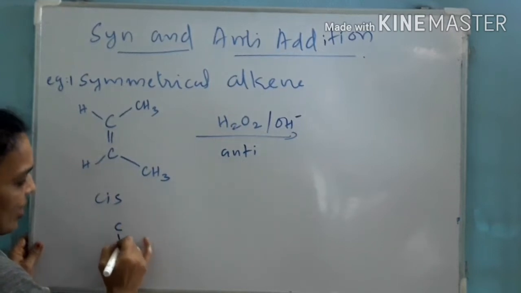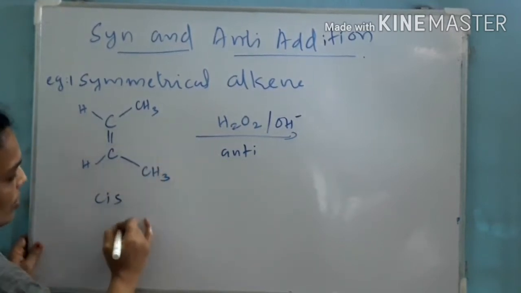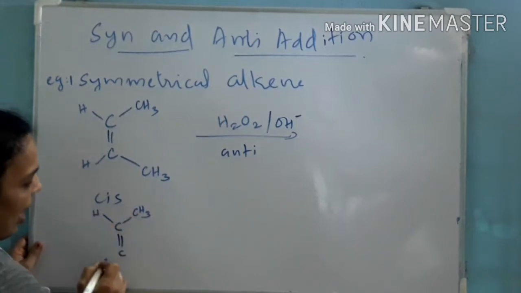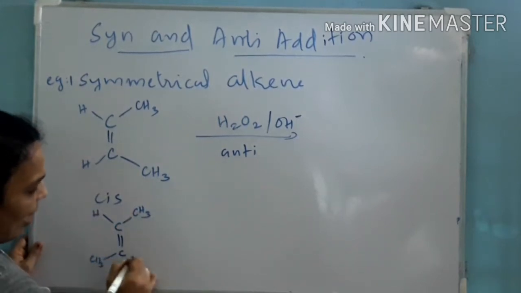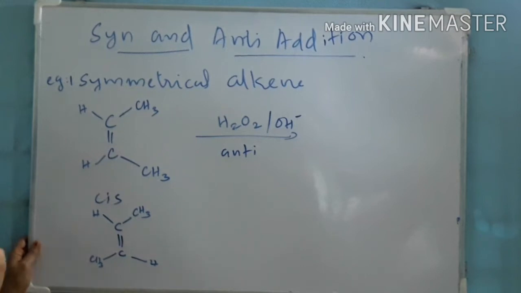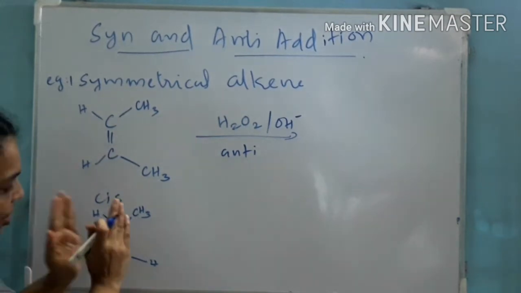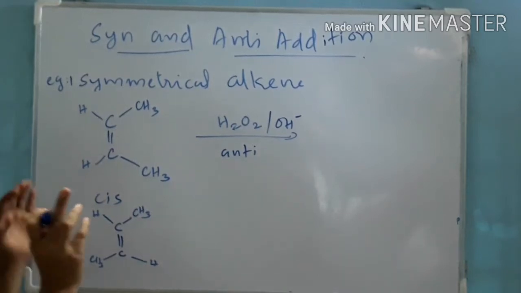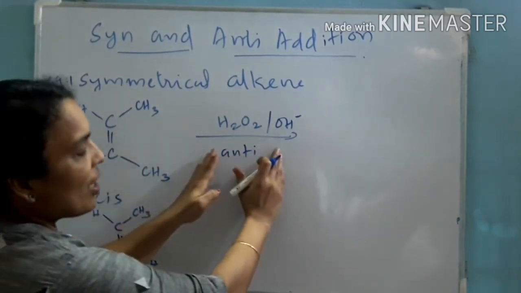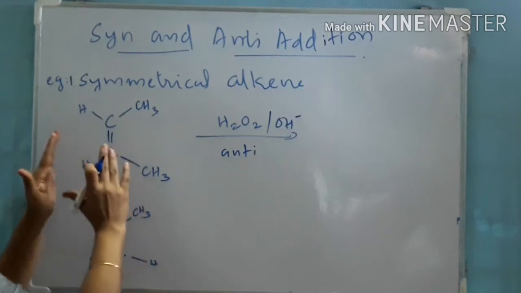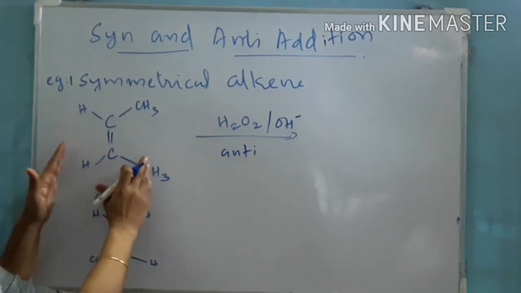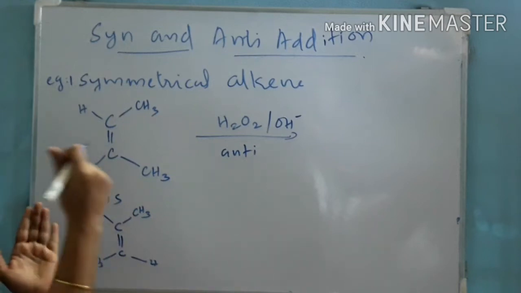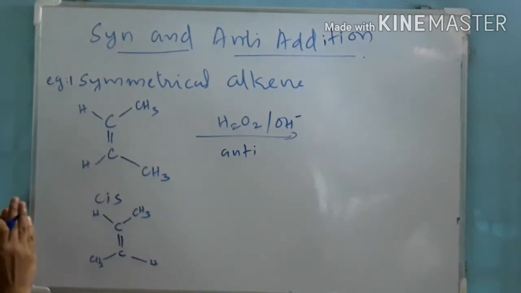So what is the trans isomer of this one? Let us keep this carbon as such, and this is CH3 and this is hydrogen. Now it is a trans isomer, and we draw the Fischer projection for this trans isomer. Remember, a cis isomer undergoes anti-addition. Let us convert this cis isomer into a trans isomer before drawing the Fischer projection formula.